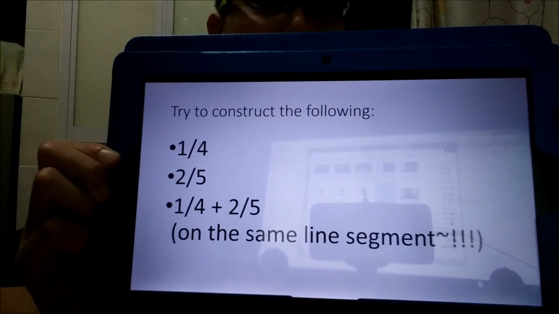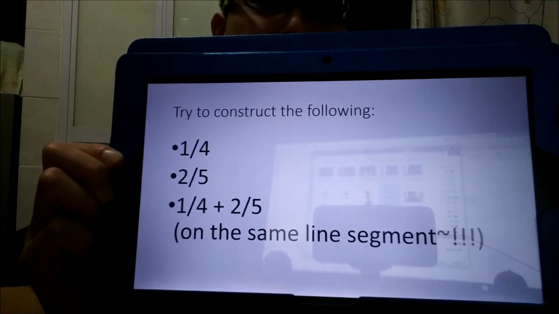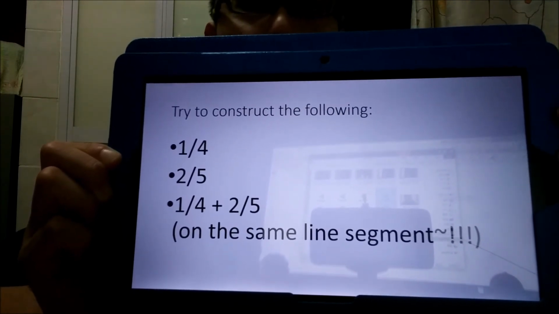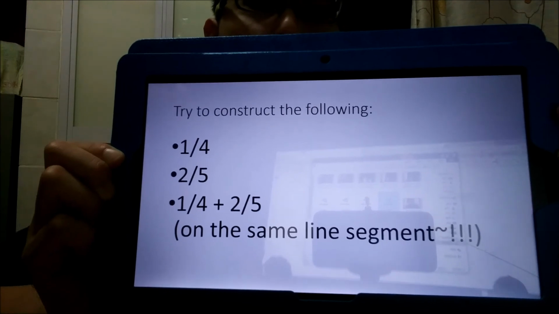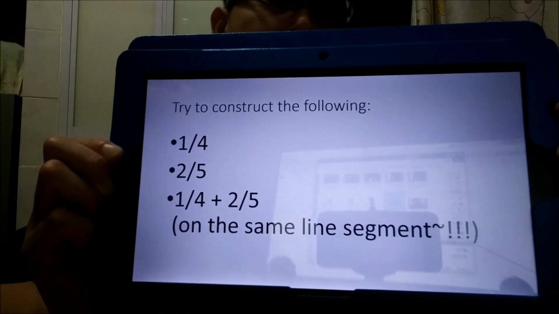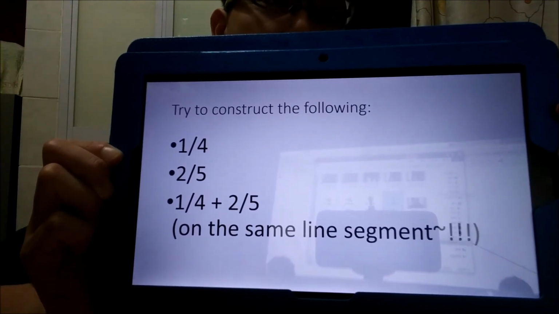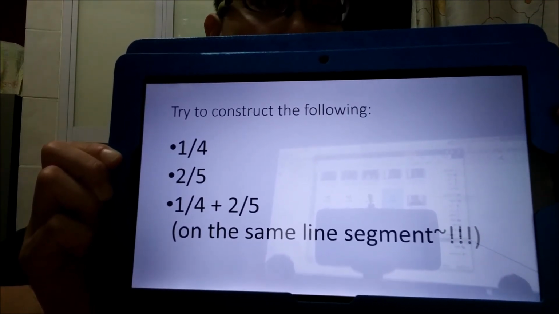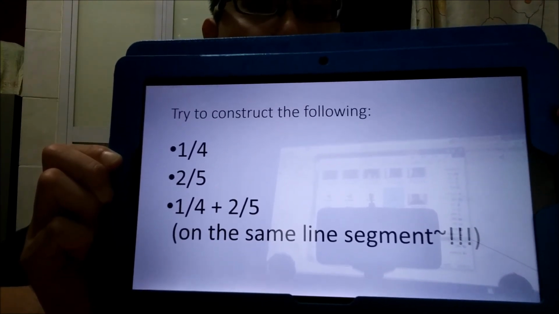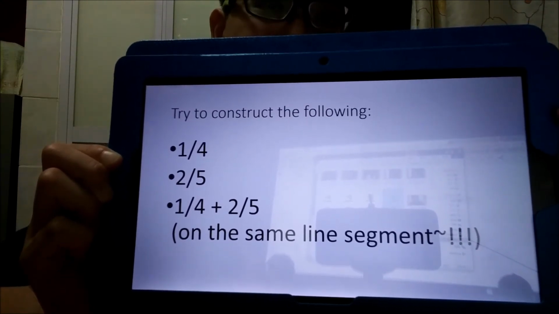The last one would be the most challenging one. If I have two fractions, just like question 1 and 2, 1/4 and 2/5, how can we express the sum of these two fractions on the same line segment AB? So please remember the last question is you have to use the same line segment to represent 1/4 plus 2/5.